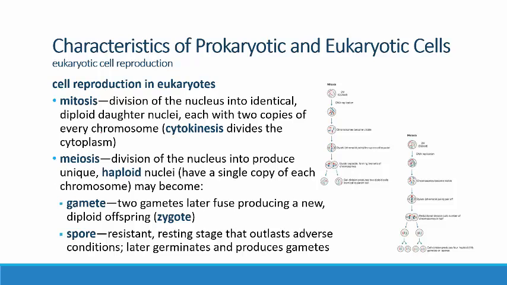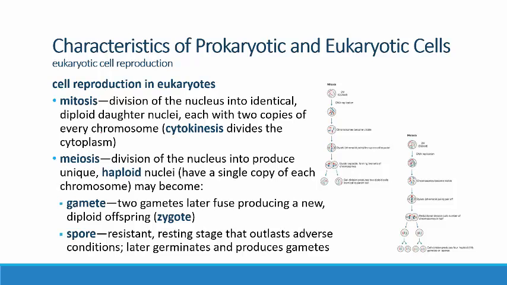And then cytokinesis is the activity that follows immediately after mitosis, where the rest of the cell divides. So mitosis divides the nucleus into two identical nuclei, while cytokinesis divides up the cytoplasm, and one nucleus goes to one cell and the other nucleus goes to the other cell.